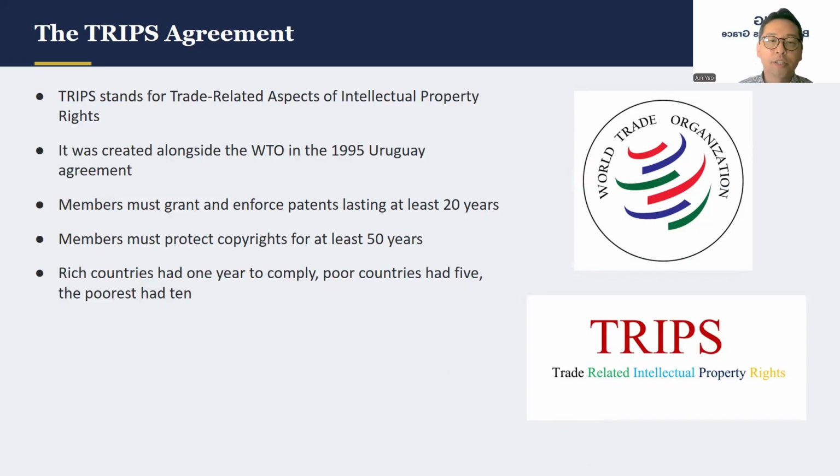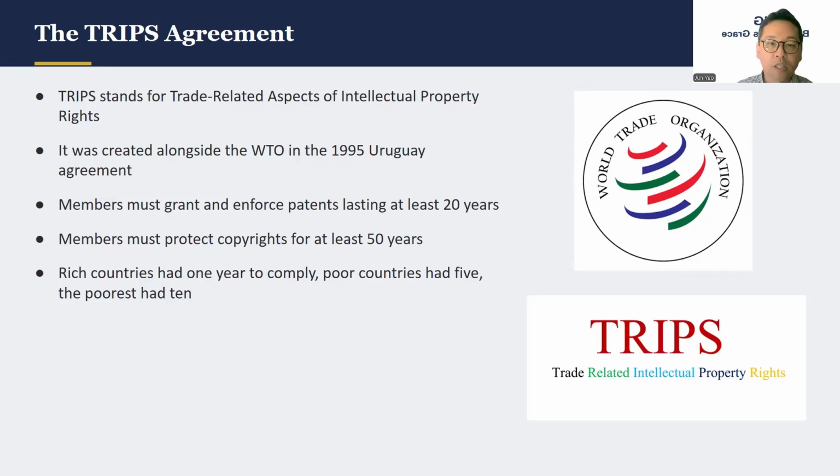TRIPS requires every WTO member to grant and enforce patents. Those patents must last at least 20 years. TRIPS also requires copyright protection lasting at least 50 years. Different countries were given different amounts of time to follow these rules. Rich countries have to comply within 1 year.